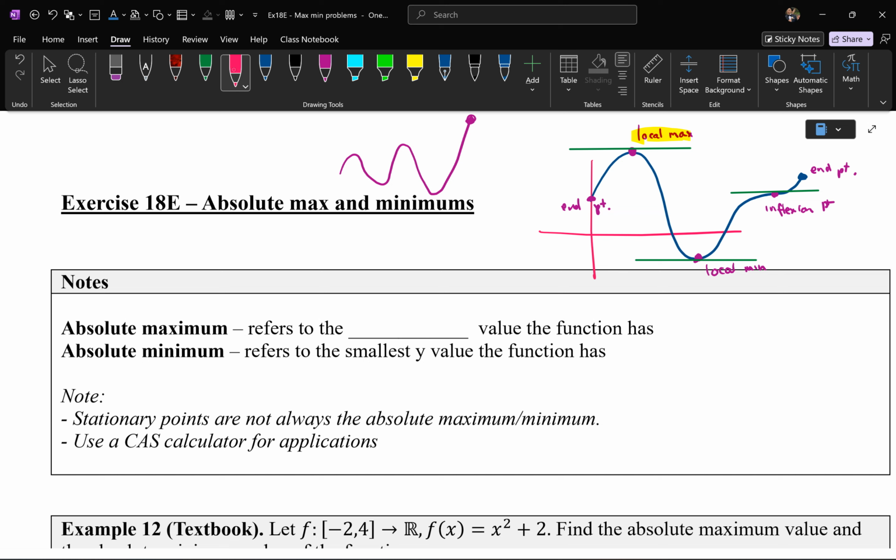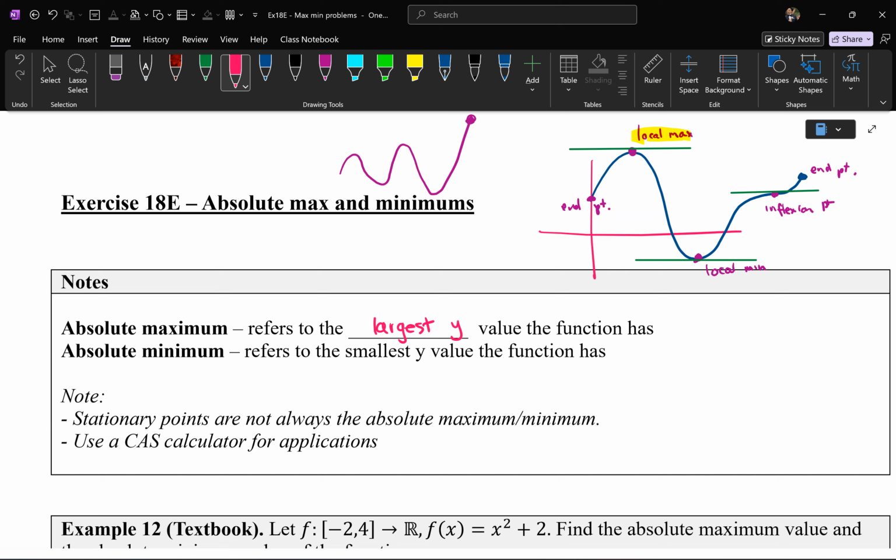Okay. So the language here in your notes, when they say absolute maximum, it refers to the largest or highest value the function has, but this is actually the largest y value. So fill that in. It's the largest y value. So when you're looking at the function, you're looking for what is the highest y value it can have as an absolute max.